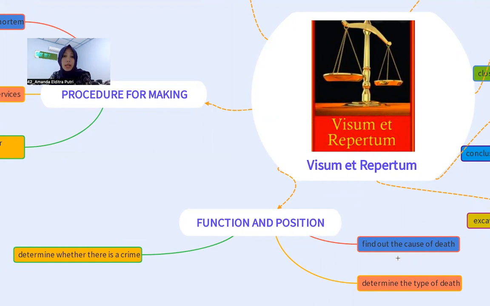Examination by a forensic expert is very important in determining the type of death and the cause of death. The examination of wound bandages is intended to determine whether there is abuse or not, whether or not a criminal act is present, to find out the age of a person, and to determine the certainty of a baby who dies in the womb.